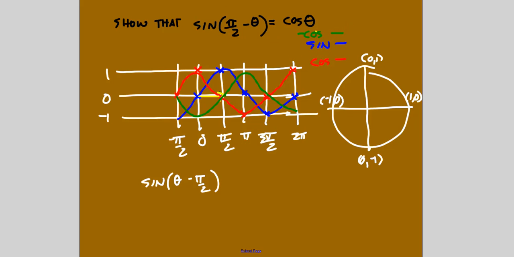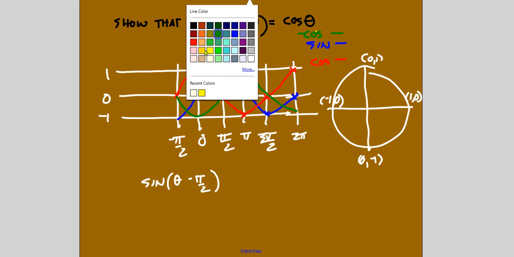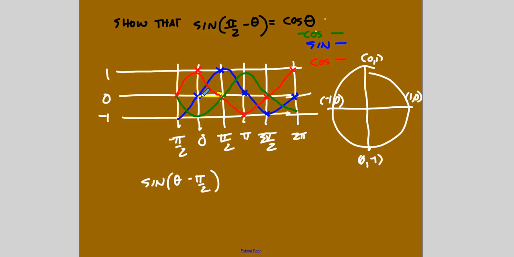Now notice, let's do this again. If I shift sine pi over 2 to the right, it matches negative cosine of theta. So I can make that result right here.